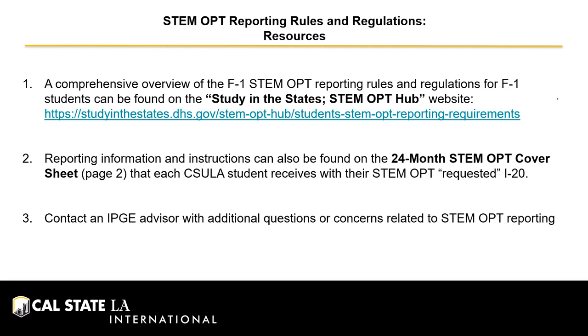When you did apply for STEM OPT through our office, you were provided this cover sheet, and it actually includes a lot of information for before and after you mail your application, and also the information regarding your reporting requirements. And lastly, here, we do suggest that you contact us as advisors, so James, Nicole, or myself, to answer your questions regarding STEM OPT reporting.